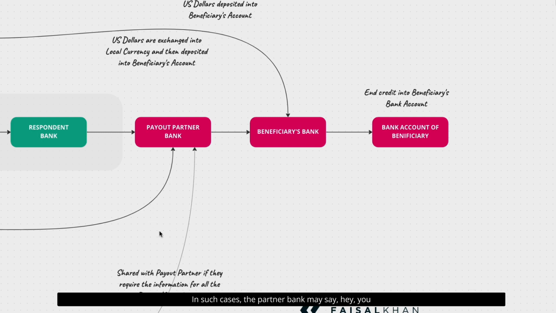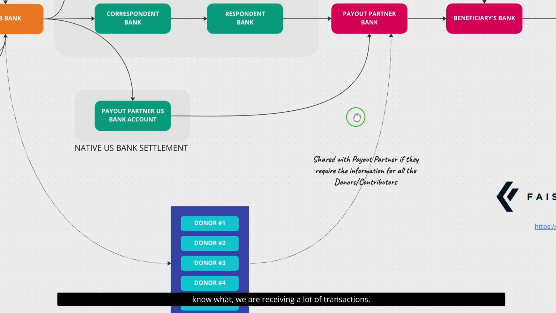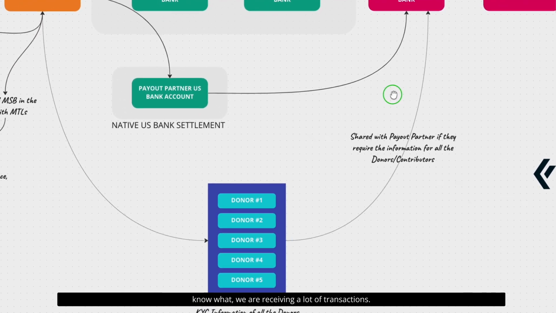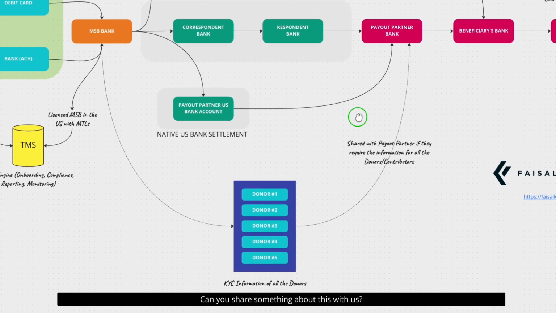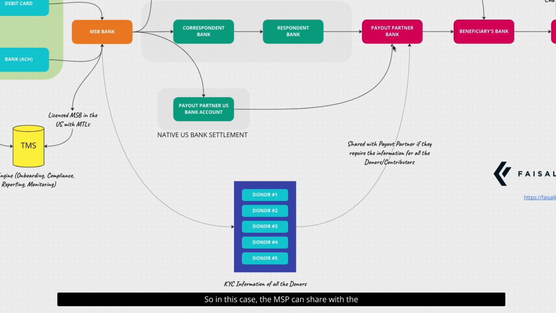In such cases, the partner bank may say, we are receiving a lot of transactions, can you share something about this with us? In this case, the MSP can share with the partner bank a list of all the donors, the KYC information of all the donors, or whatever they feel should be collected and shared with the payout partner.